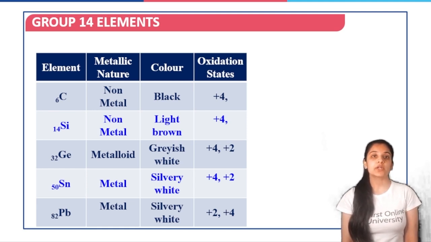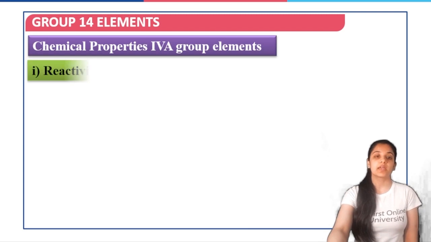Germanium, atomic number 32, is a metalloid, grayish-white in color; +4 and +2 are the stable oxidation states. Tin, atomic number 50, is a metal, silvery white in color, and +4, +2 are the stable oxidation states. Lead, atomic number 82, is a soft metal, again silvery white in color, with +2 and +4 as stable oxidation states, +2 being more stable.